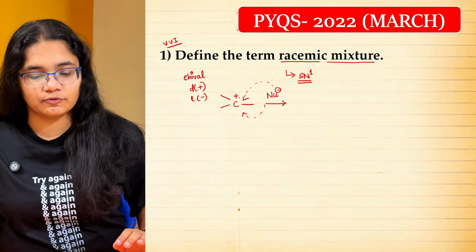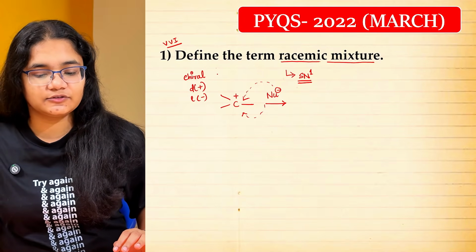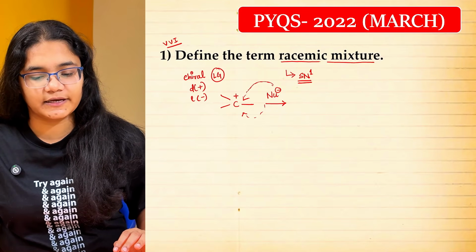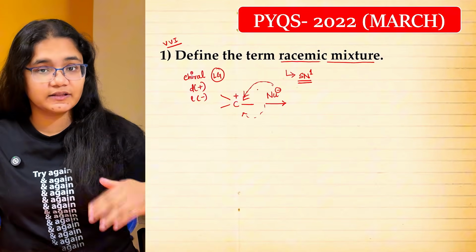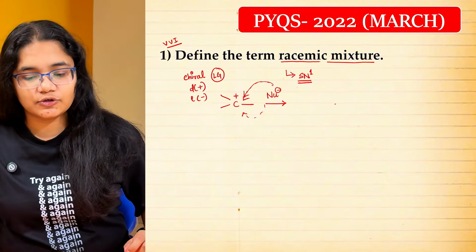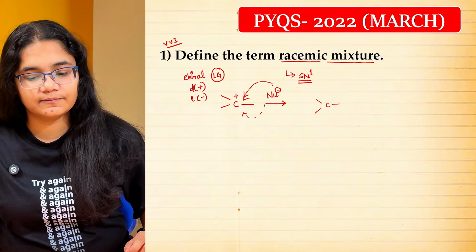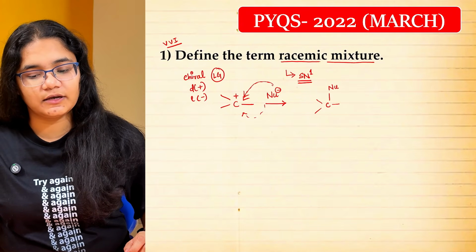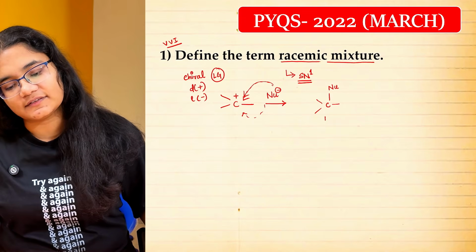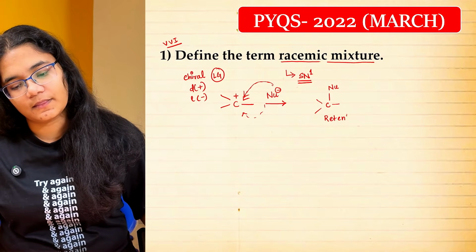Suppose the leaving group was present on the top side, and after the carbocation has formed, the nucleophile is also attacking on the top side. You will get one compound like this, where the nucleophile is placed on the same place where there was the leaving group. That is your retention product.